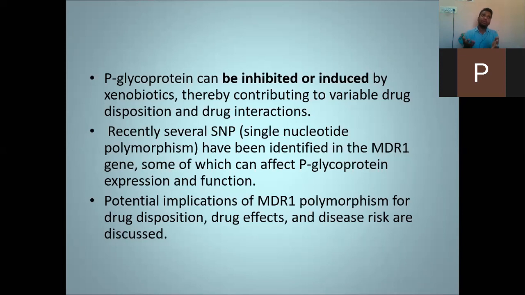So all these enzymes, all these transporters are related to genes actually. That is why the genetic information is very much important when you try to extrapolate the theoretical interaction to clinical significance. So you cannot do that alone.